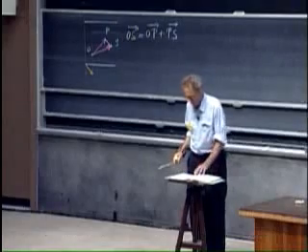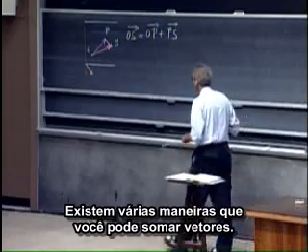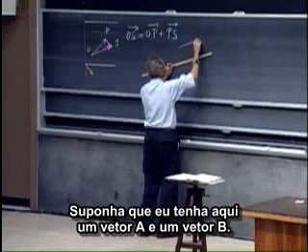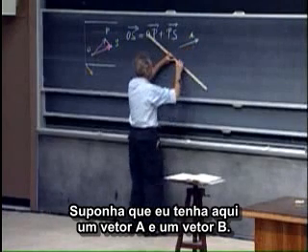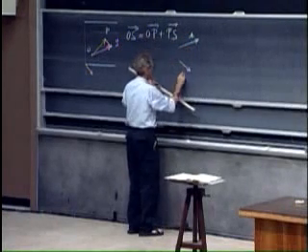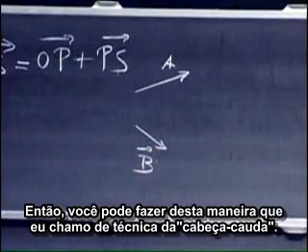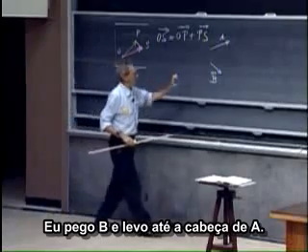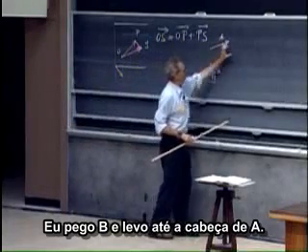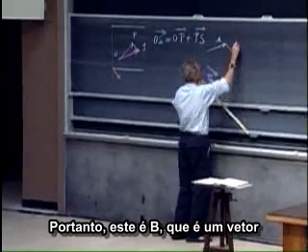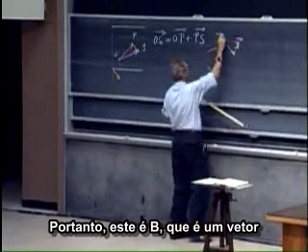add vectors. There are various ways that you can add vectors. Suppose I have here a vector A, and I have here a vector B. Then you can do it this way, which I call the head-tail technique. I take B, and I bring it to the head of A. So this is B. This is a vector.